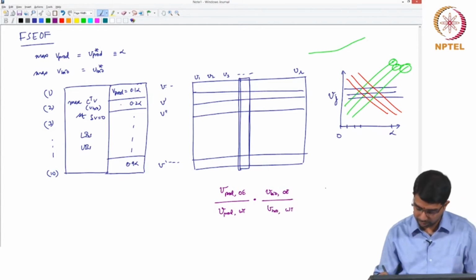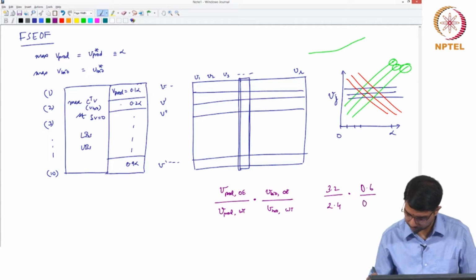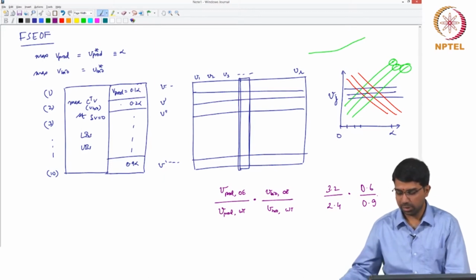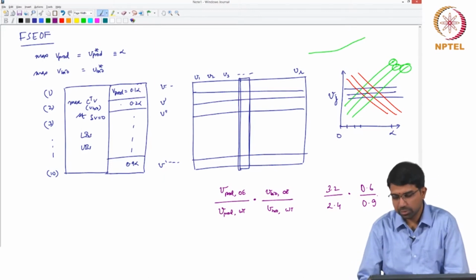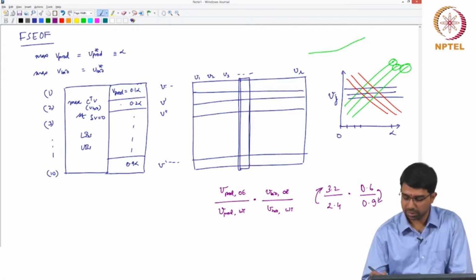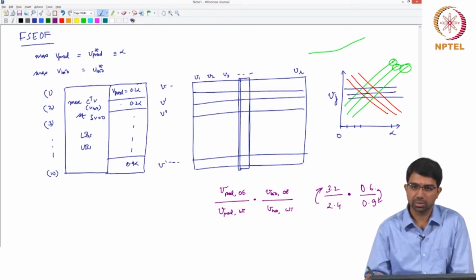So, you might get something like, let us say 3.2 by 2.4 into 0.6 by 0.9. So, this might be what you get for example. There is some decrease in biomass and some increase in product flux. So, you can rank the different genes based on this fraction.